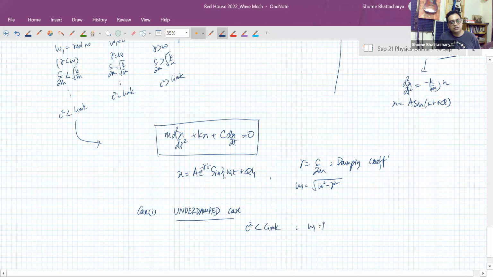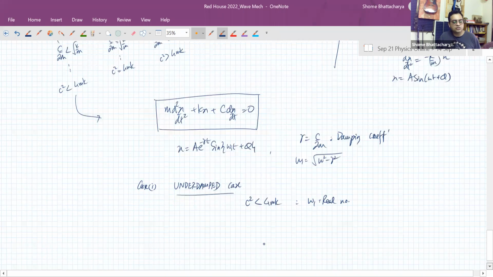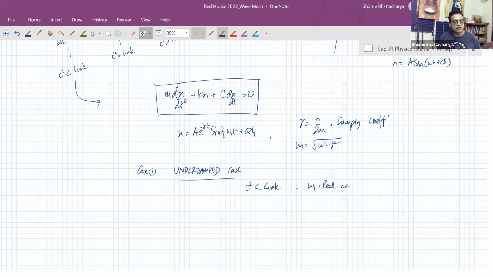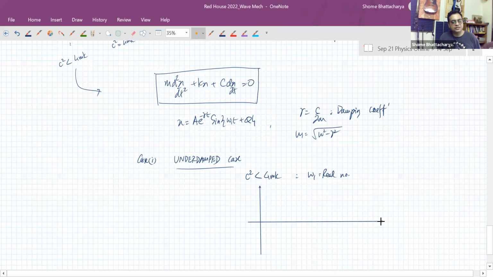The oscillation actually looks like what we expect it to be, a harmonic alternating term, x as a function of time, but with a decaying amplitude. So we can draw it with an envelope of e raised to the power minus gamma t, and minus e raised to the power minus gamma t.